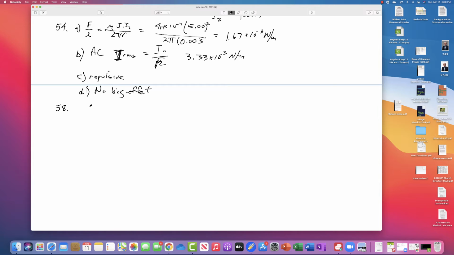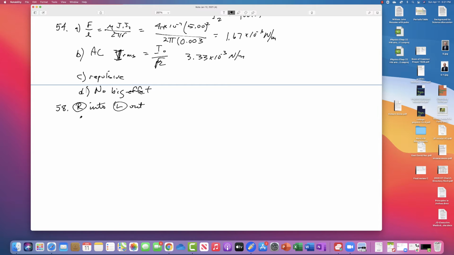So for the first one, if you point your thumb in the direction of up, then on the right side, it moves into the page, and on the left side, it comes out of the page. The second one, because it says velocity, it's the opposite.